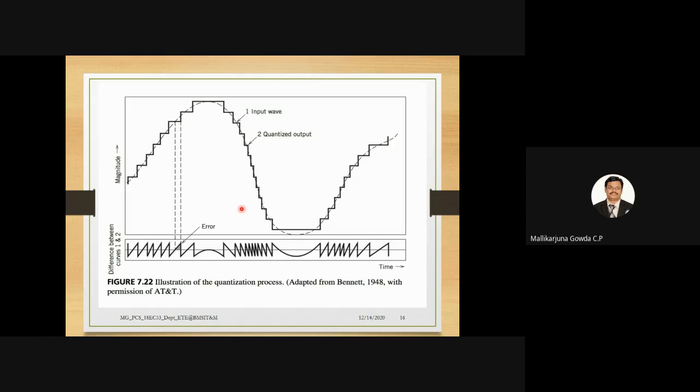Why I am stressing on this is many will not be able to catch this point. Even for mid-tread and mid-rise types, I don't know how many could get that point. The decision levels, as I said, are delta, 2 delta, 3 delta, and so on. For the other case, it is delta by 2, 3 delta by 2, 5 delta by 2, 7 delta by 2, and so on. Please have a look, think by yourself, and if you have any difficulty, you can approach me.